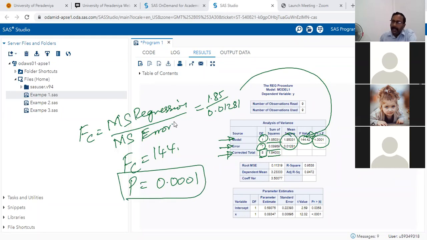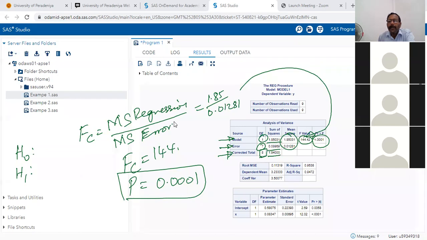Before we make the decision, what is my null and the alternative hypothesis? If you can remember, what is my null and the alternative hypothesis? Anyone? There's a significant relationship between X and Y. Partly correct.